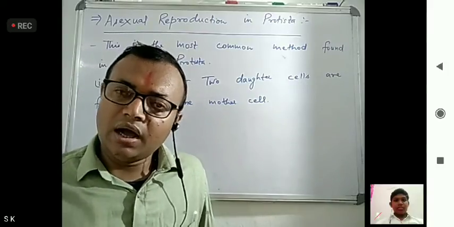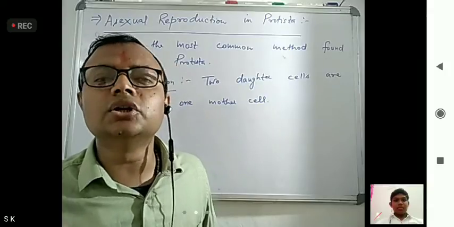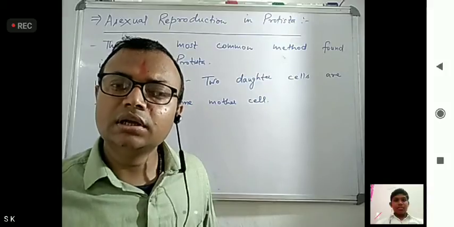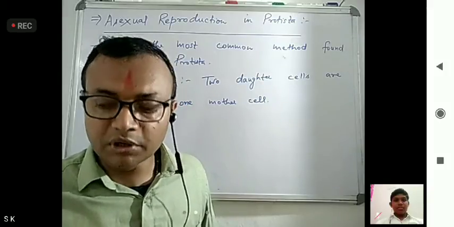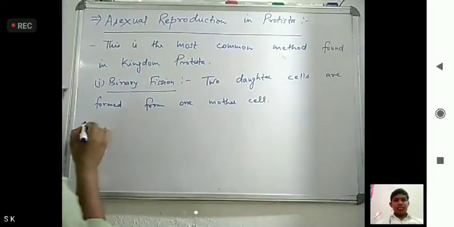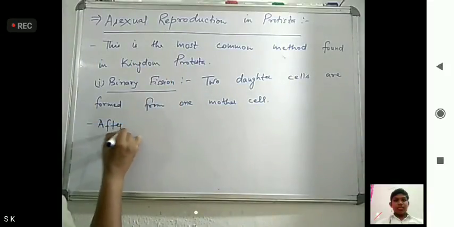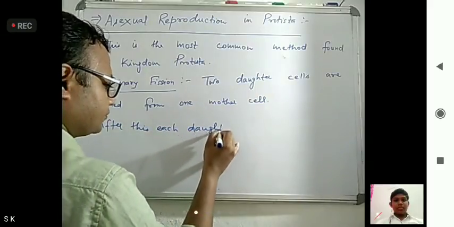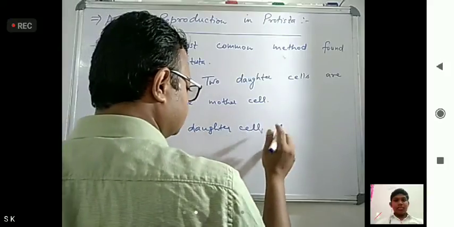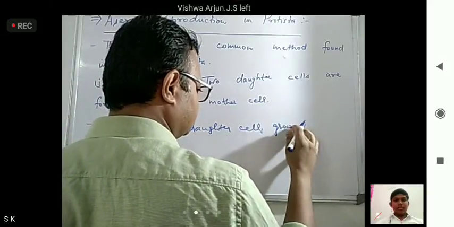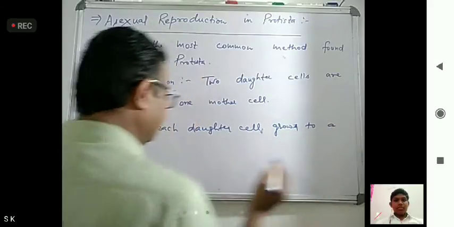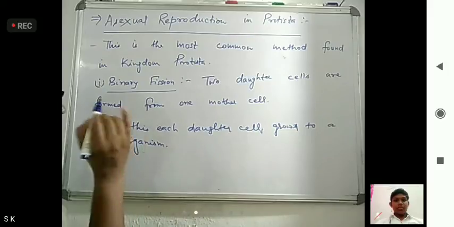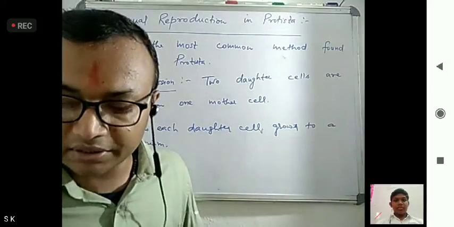Okay, now each daughter cell grows to a normal organism. So what happens after this? Each daughter cell grows to a new organism. Okay, so this is binary fission.